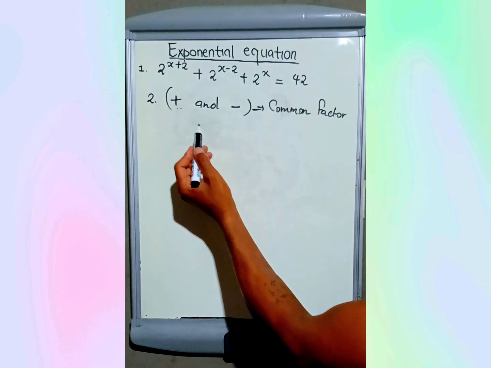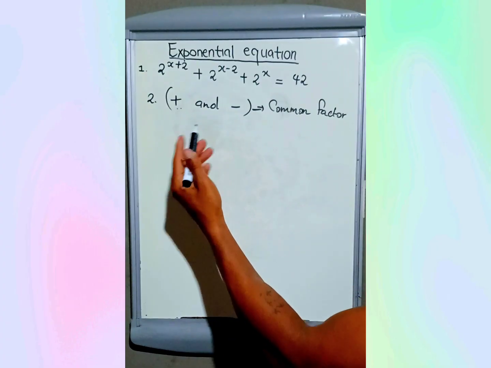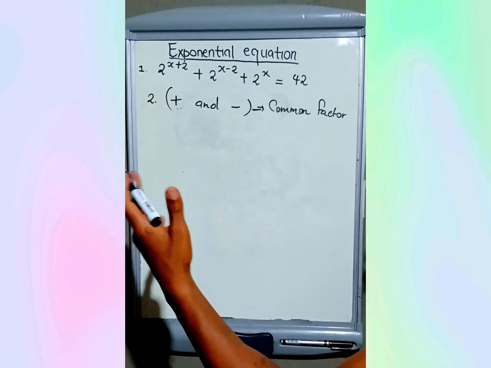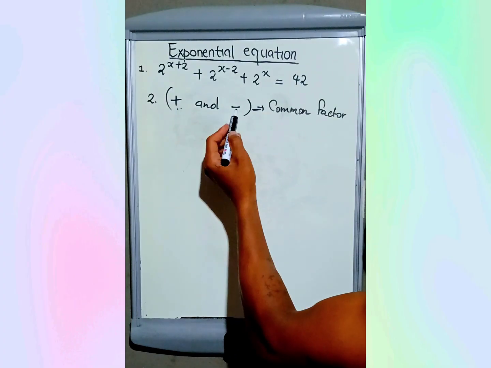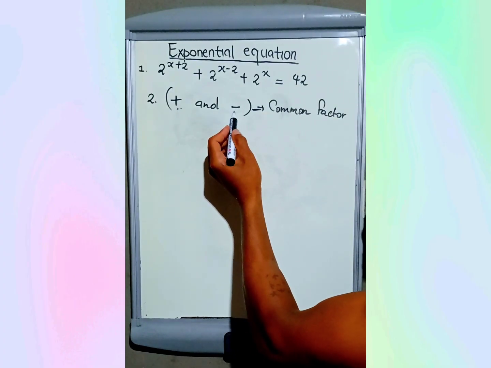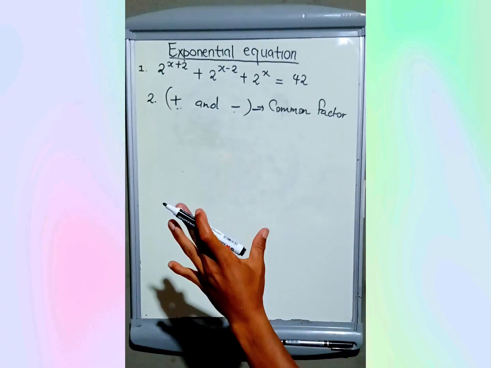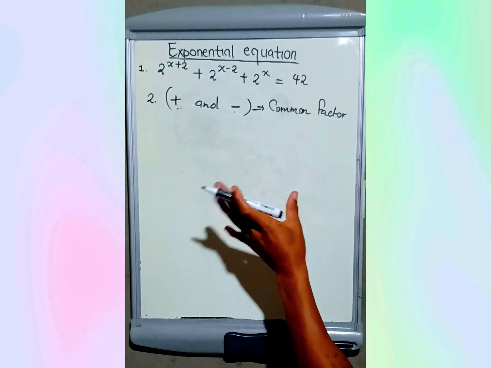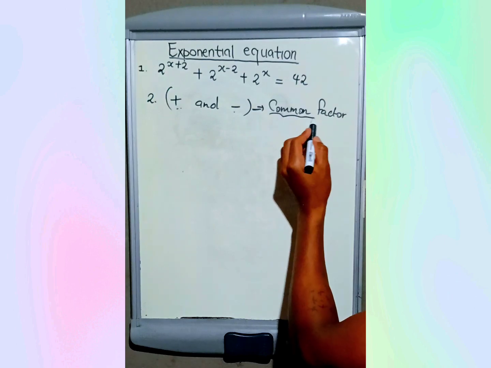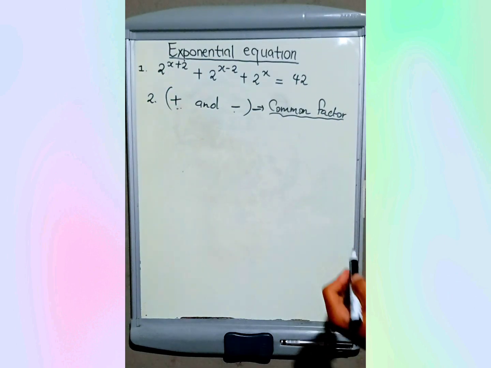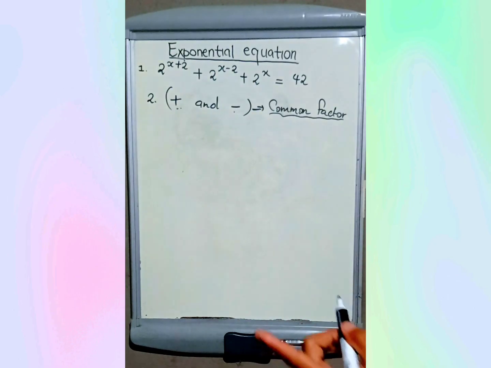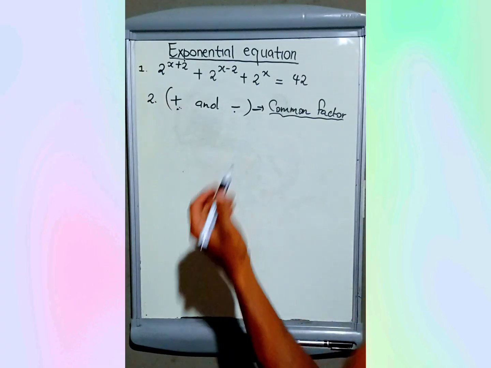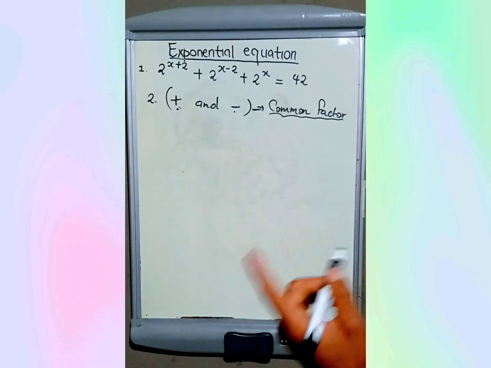The second rule says that once you are done simplifying the base, the next step is to check whether you have a positive or a negative sign between the terms. If we have a negative sign between the terms, then you are responsible to take out the common factor. A common factor is a number that is the same between these terms.